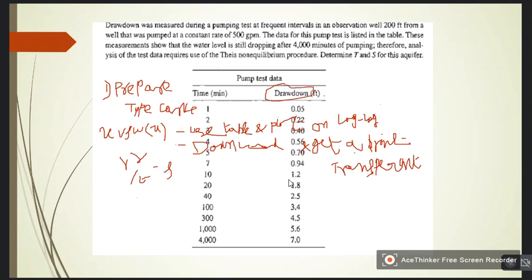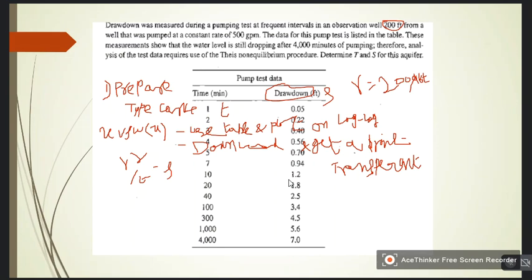So this is s itself, and this is t. And what is r? r is 200 feet.